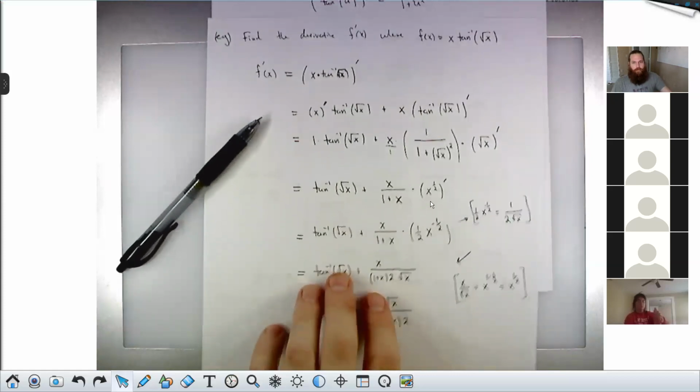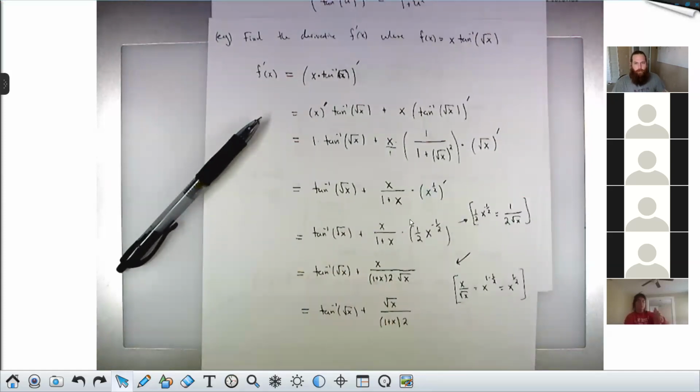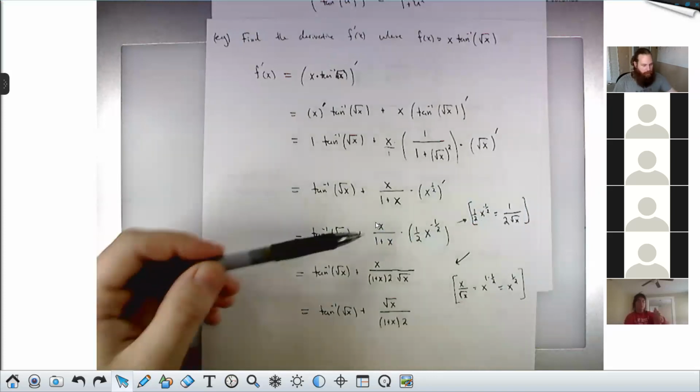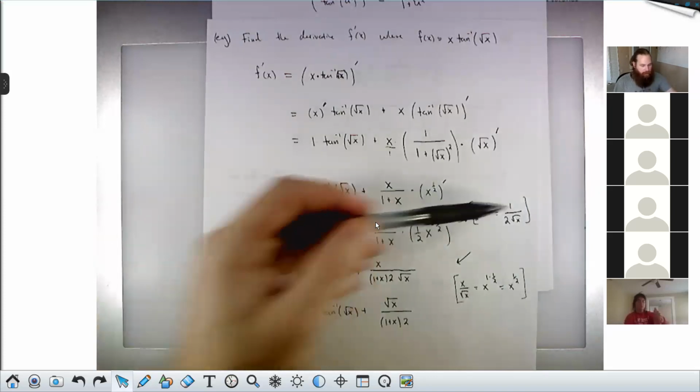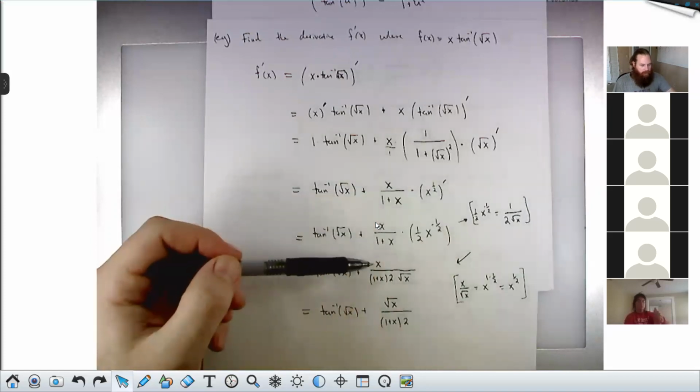is just algebra. So I differentiate this piece according to the power rule. And then 1/2 x to the negative 1/2, I can write as 1 over 2 square roots of x. So that's 1 over 2 square roots of x times x over 1 plus x. Again, fractions multiplying, so I multiply the tops with the tops and the bottoms with the bottoms. So x times this numerator, that's x times 1, so that just stays x.